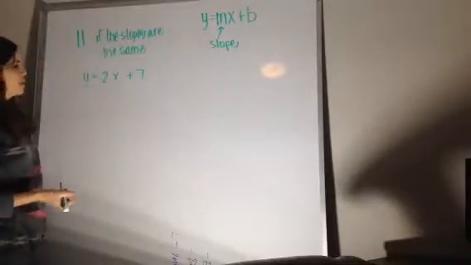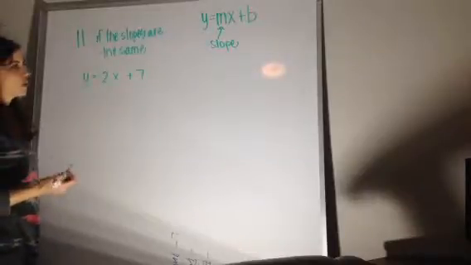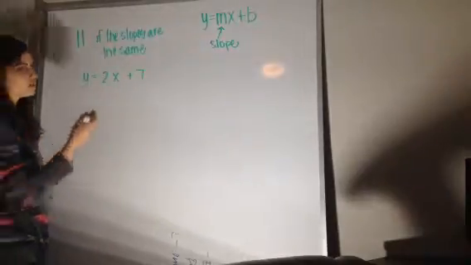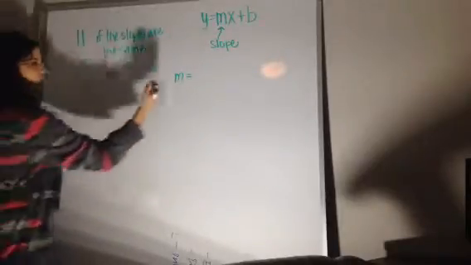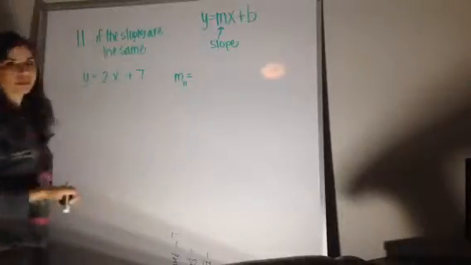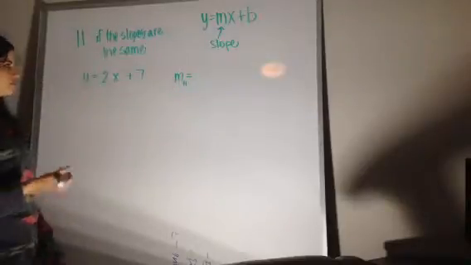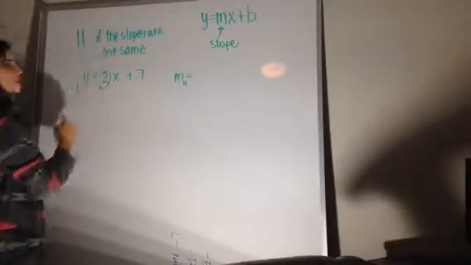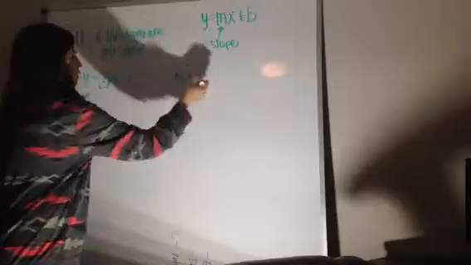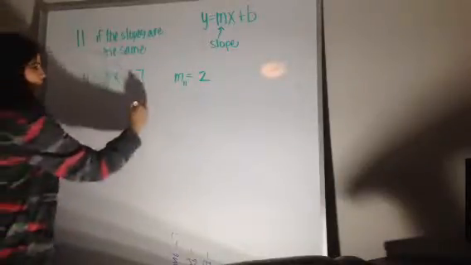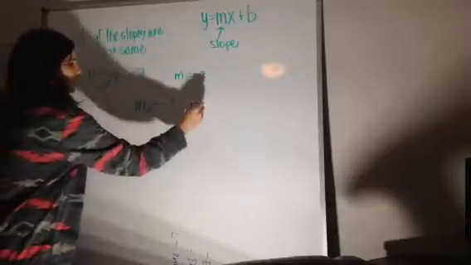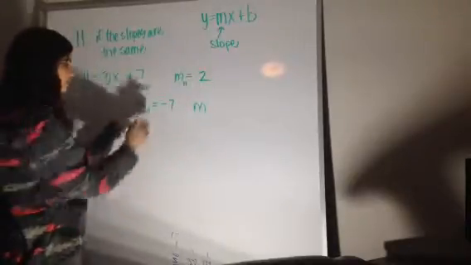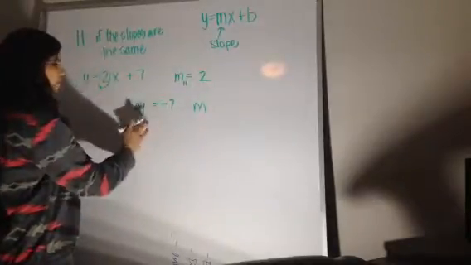So right here we have y equals 2x plus 7. If we wanted to find a slope that is parallel to this one, then the slope of a parallel line, so I'm just putting the parallel symbol next to m for slope, would have to be the same as 2. So if I had a slope of negative 7 and I wanted a parallel one to this one, I shouldn't have put that symbol there, sorry.